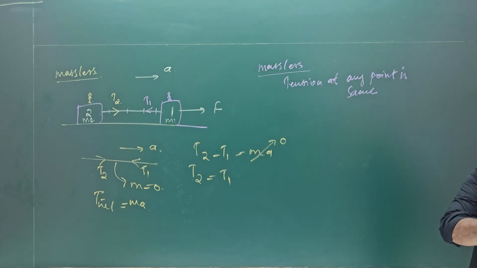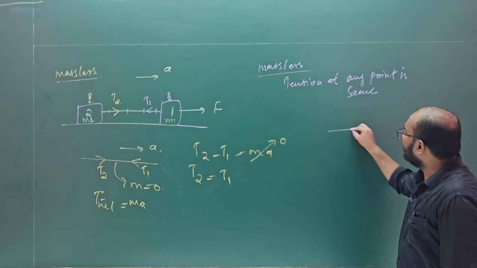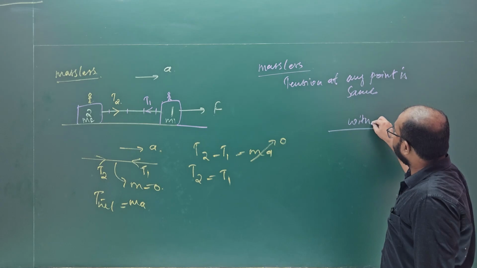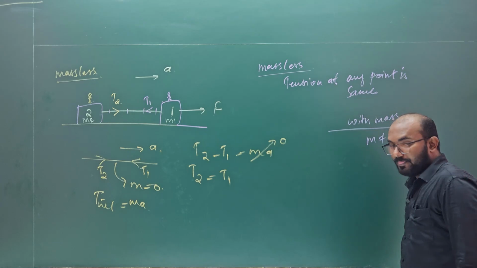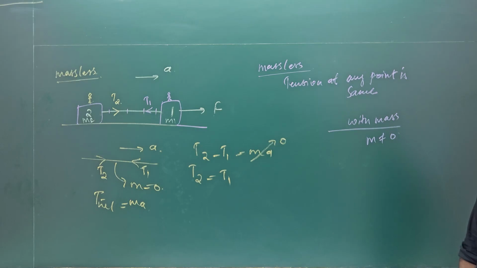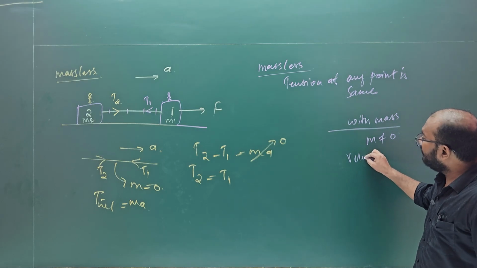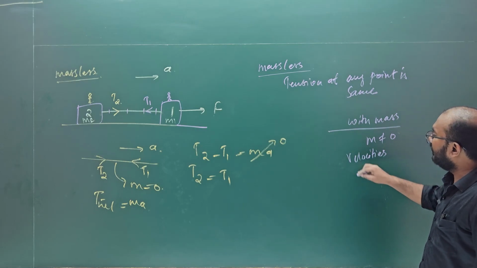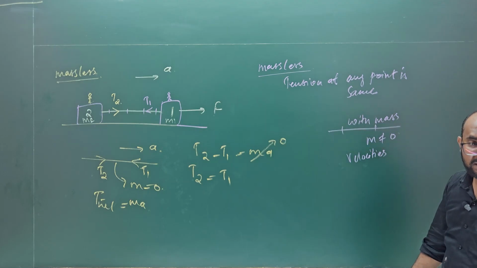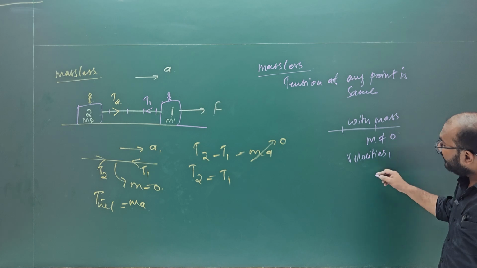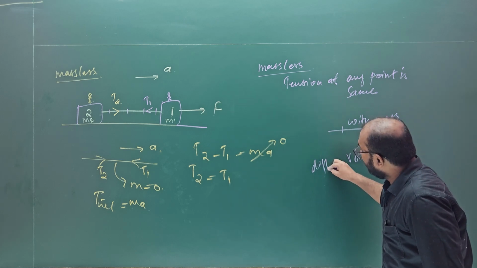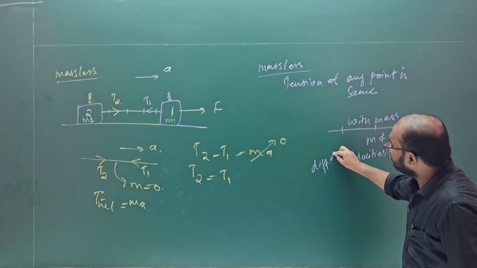Okay? Tension at any point in the massless string is the same, but these things are not applicable for a mass string. A string with mass, whose mass is not 0. Over here you will find the velocity of points, velocity of 2, 3, whatever the points are.